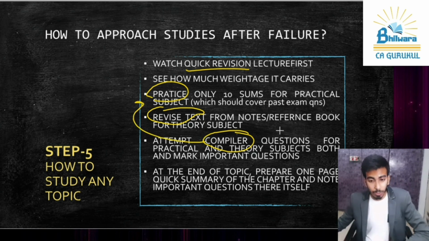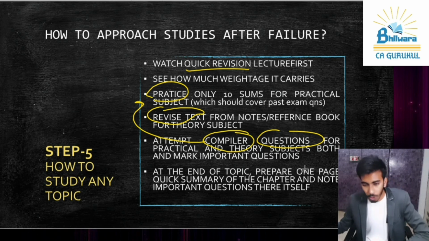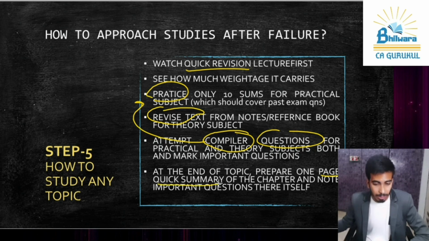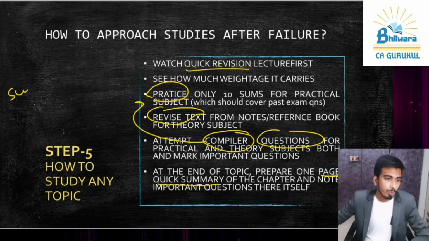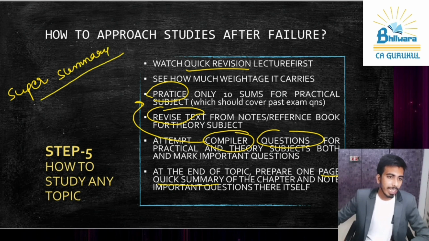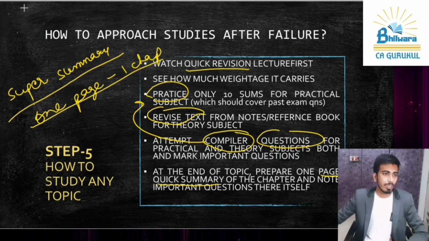Then at the end of the topic, you have to prepare a 1-page quick summary. Quick summary is like a super summary. It's not just a summary, it's a super summary of that chapter. So that is 1 page for 1 chapter. 1 page 1 chapter you have to make.